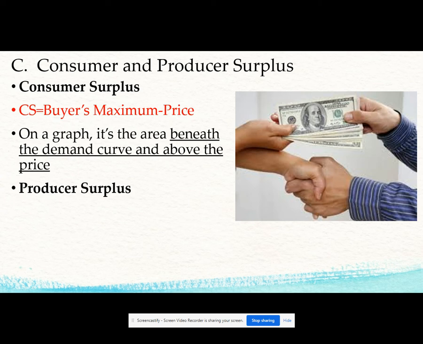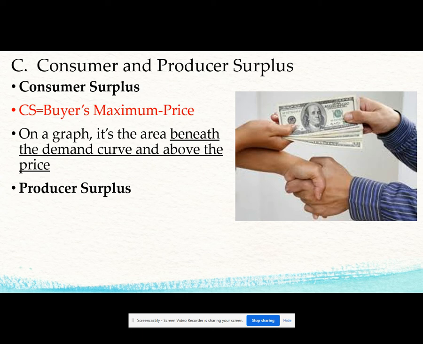Think of surplus as the extra satisfaction, though that's probably not the best word. It's not necessarily extra money, but it's still very important.